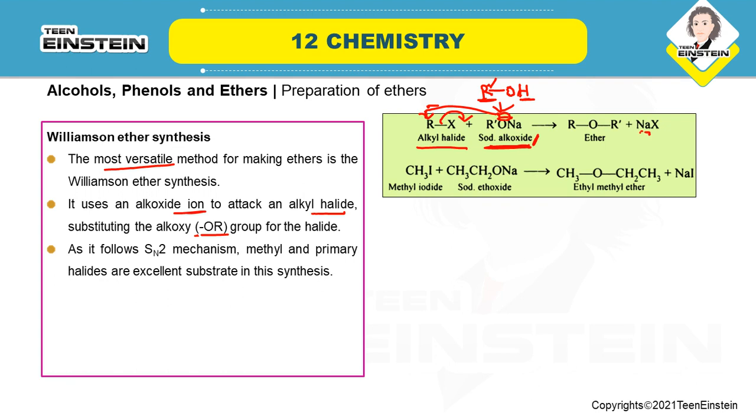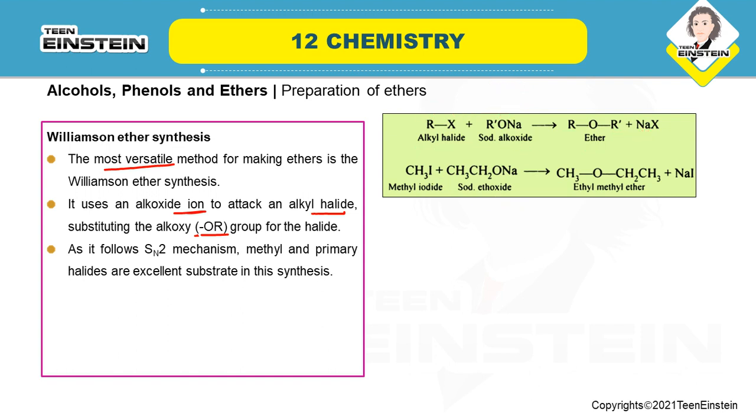It can bind with Na plus and ultimately be removed in the form of NaX. Suppose it is Cl, it will be NaCl, and you are getting ether, where on one side you have the R group which is coming from alkyl halide, and on the other side we have R prime which is coming from the alkoxide part.